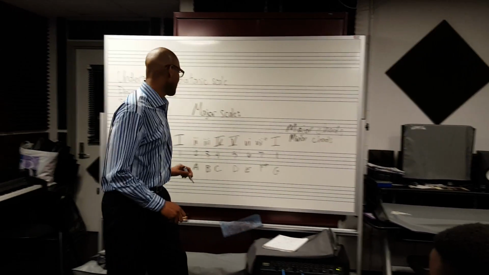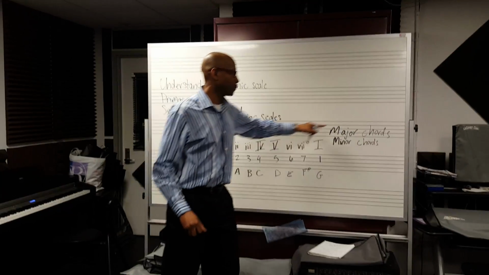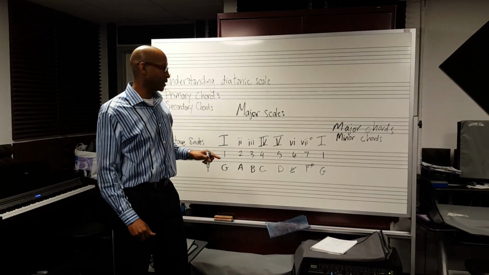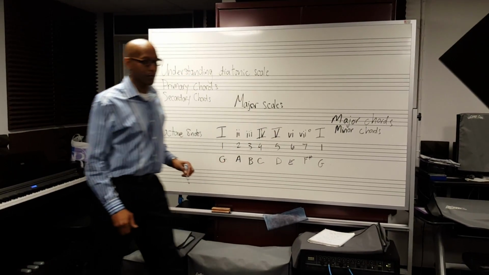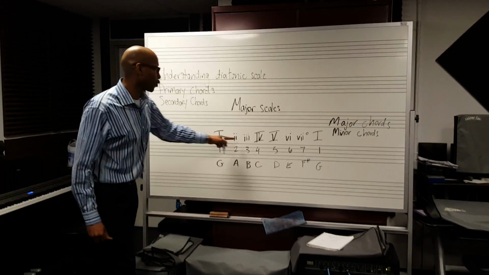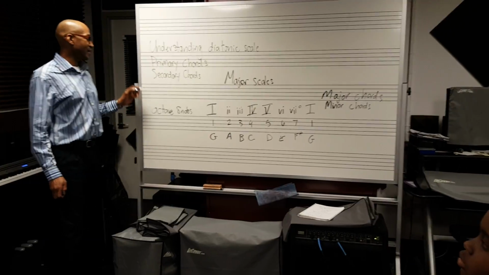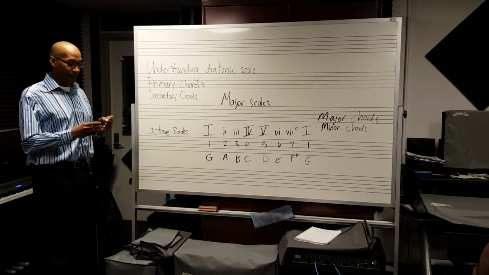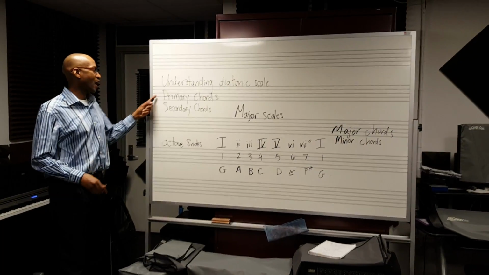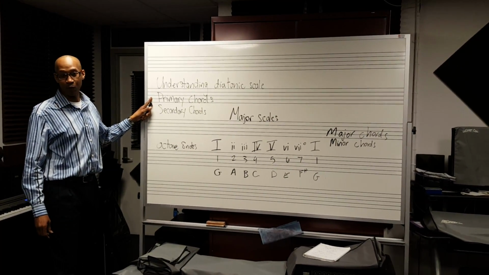So if the uppercase are going to be the major chords, that means the lowercase are going to be the what? Minor chords. And that means that the minor chords should obviously be the secondary chords. Okay? Our main chords are going to be the primary chords. Primary, of course, meaning number 1.